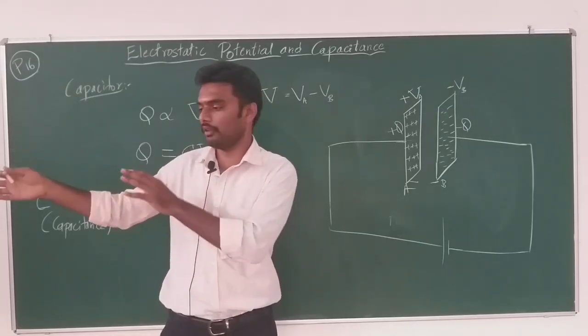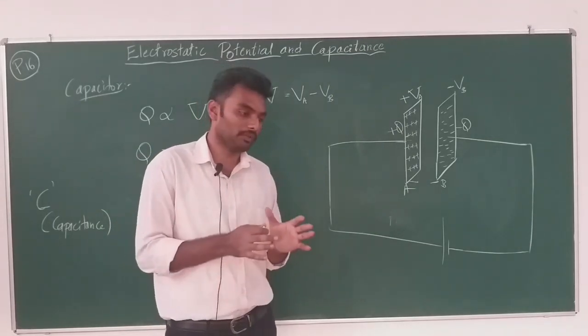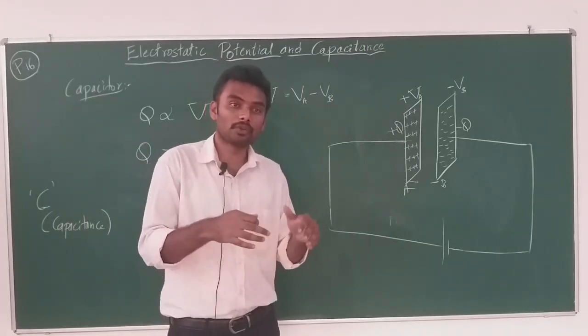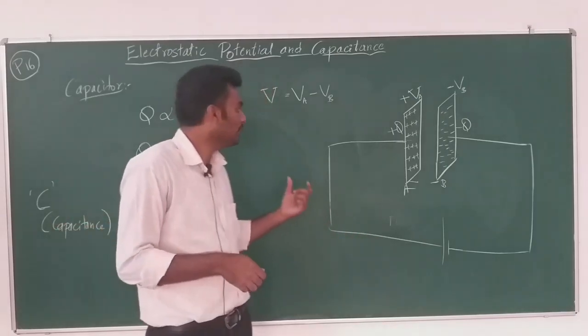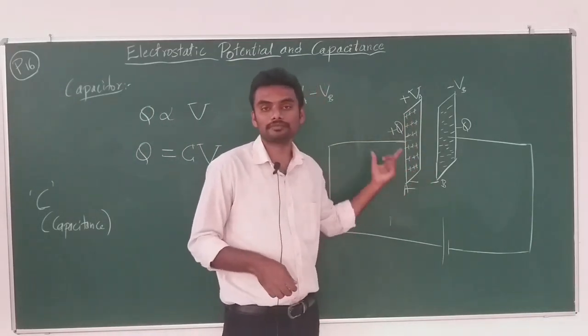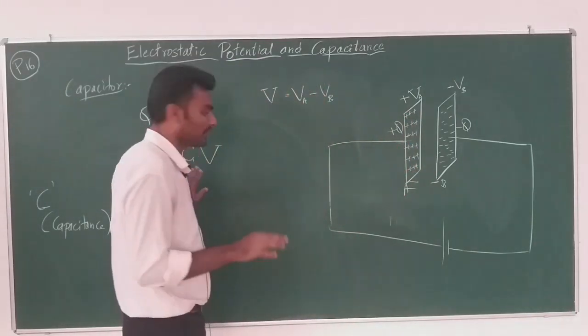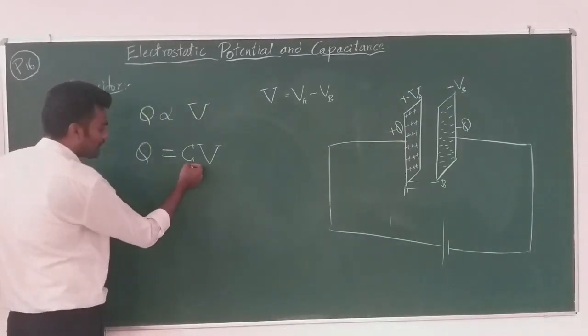And if you have a lake, there you can store more than that. So that is its ability to store water, when it comes to those containers. Here it is the ability to store charges. This is what capacitance physically means. But when it comes to definition, we define it mathematically like this.